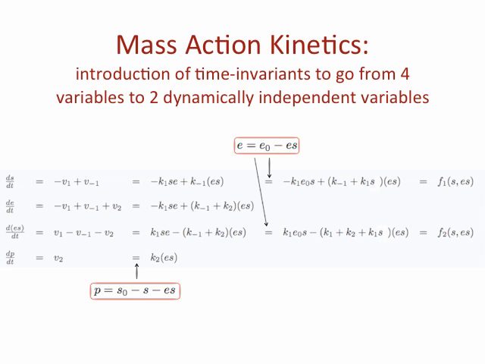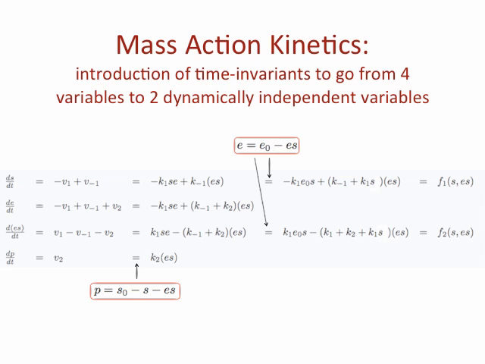Historically, the free enzyme concentration is eliminated from equations 1 and 3 by substituting E0 minus ES wherever E appears, and the product is eliminated by the conservation on the total substrate as shown at the bottom of the slide.